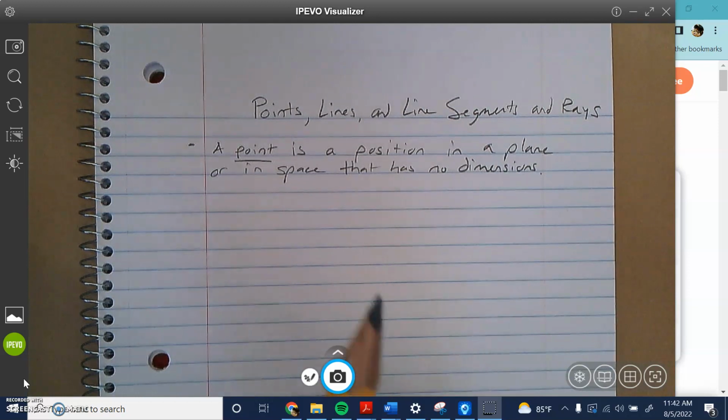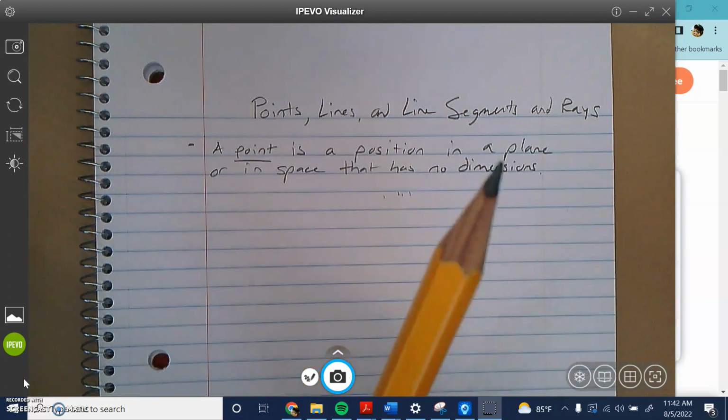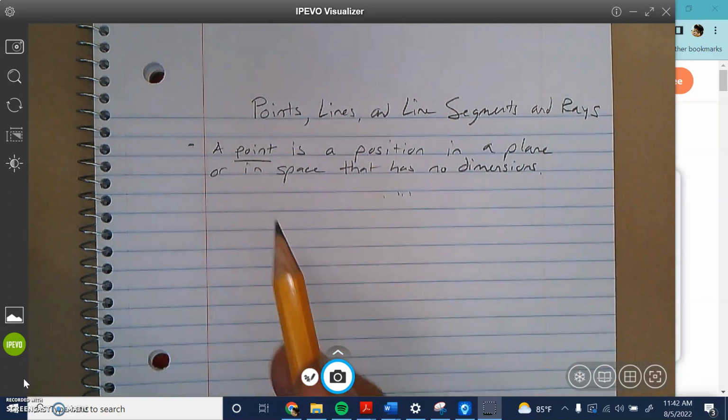So it's just an imaginary point, one point anywhere. It could be on the page, could be in space. So my pencil's lifted up somewhere right there, on the wall over there, wherever you want it to be. So there's a billion infinite points everywhere.